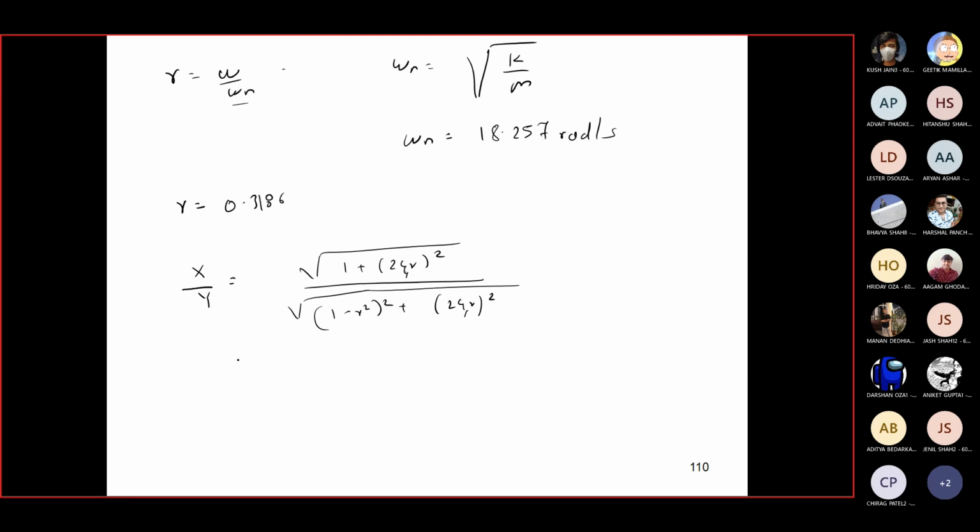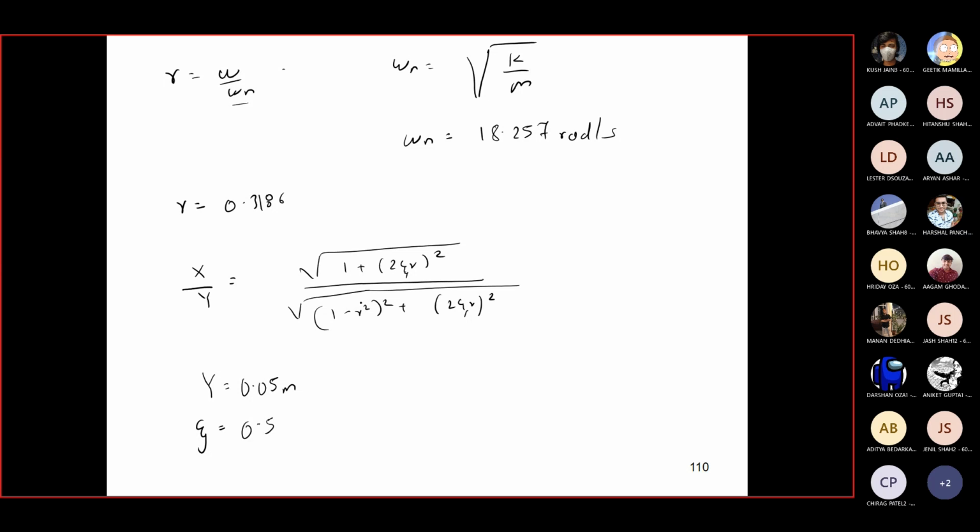So Y you already know. What is Y? It is given in the question, 0.05 meters. And what is zeta? Damping ratio 0.5.